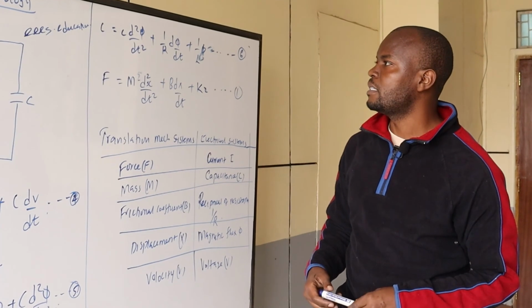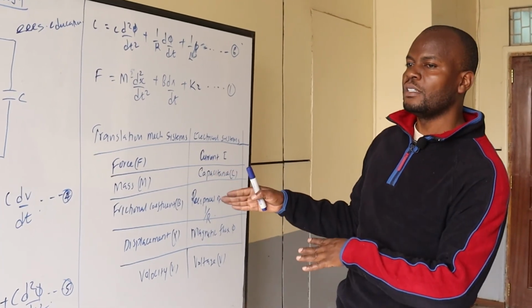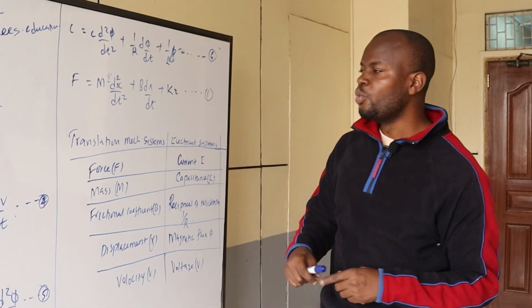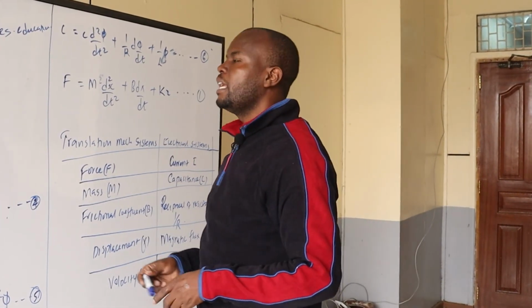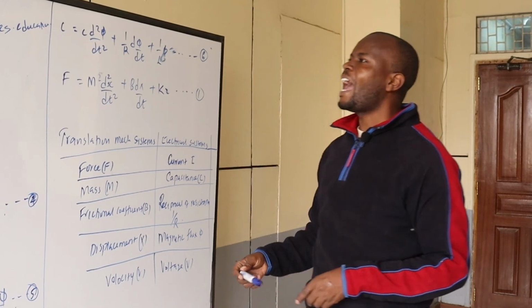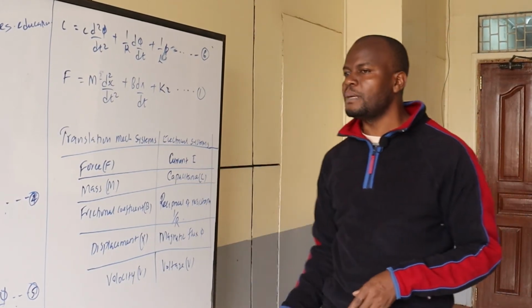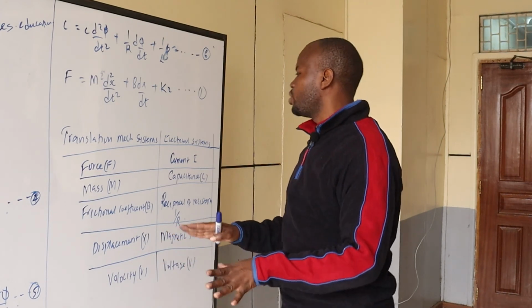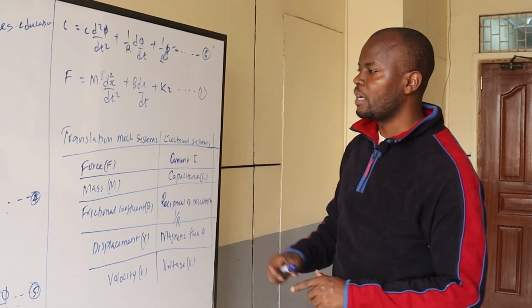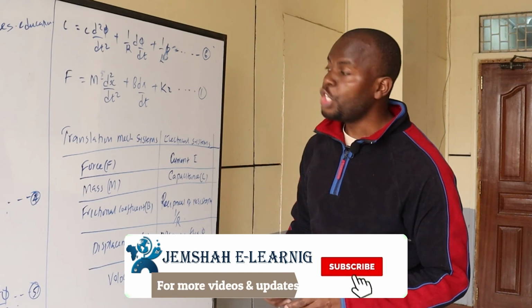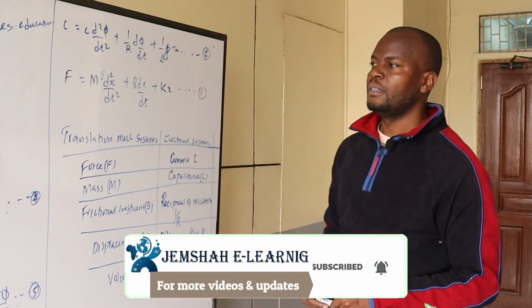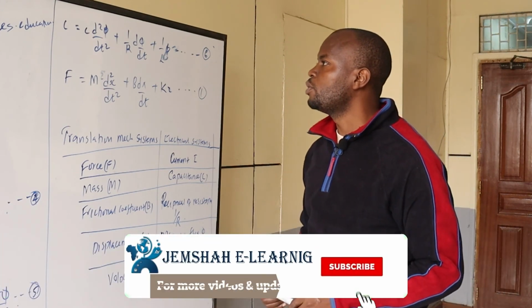You can just convert it to an electrical system and vice versa. Or somebody who has experience in mechanical systems can analyze electrical systems by using that. So switching between electrical and mechanical systems will be easier if you understand the analogous systems.